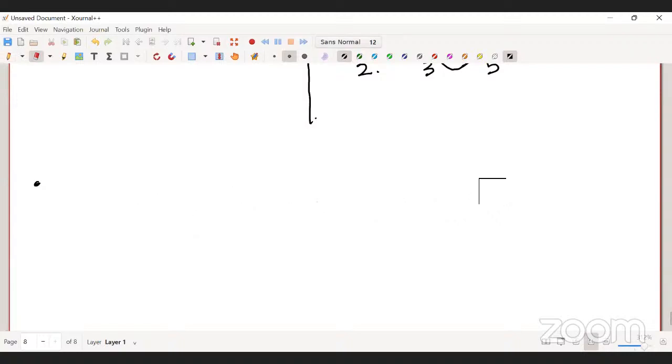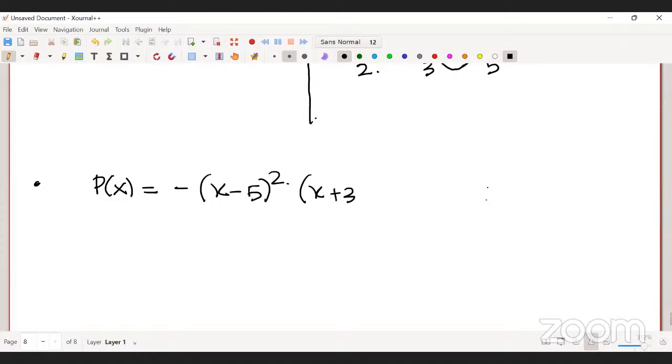How many are there in the positive axis, this type? Let me take some example. Let's say this is minus x minus 5 square, x plus 3 square, and x plus 2.